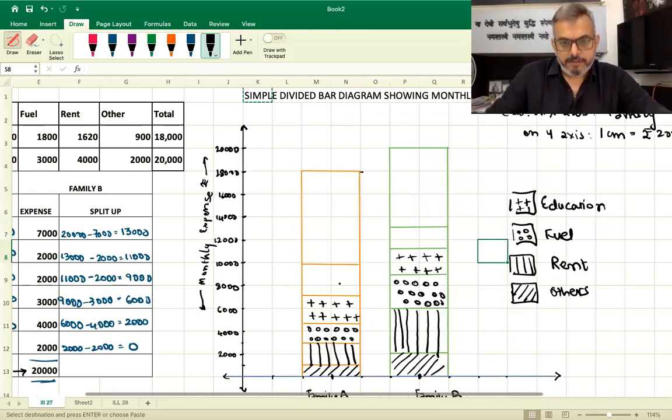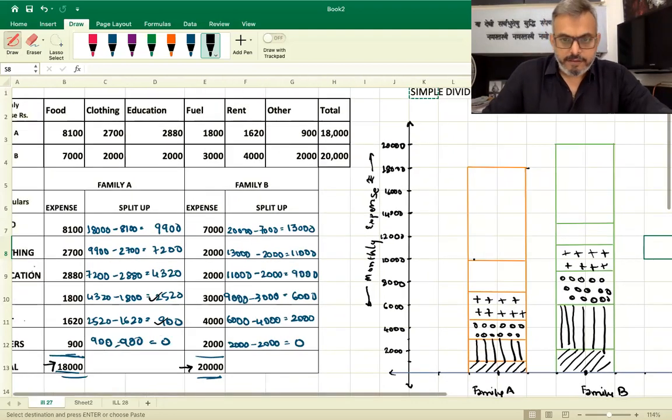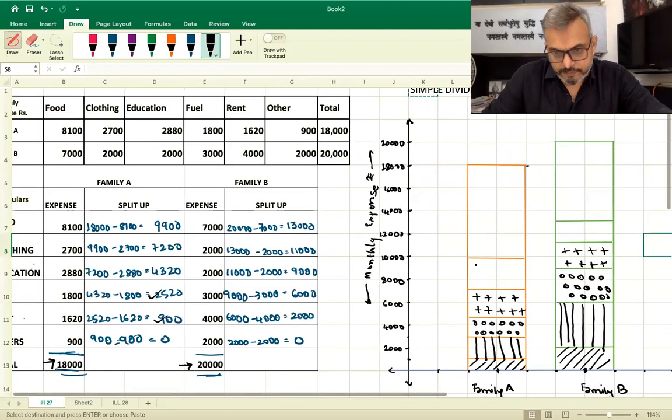Education. Then clothing. Then clothing में I'll use cross.